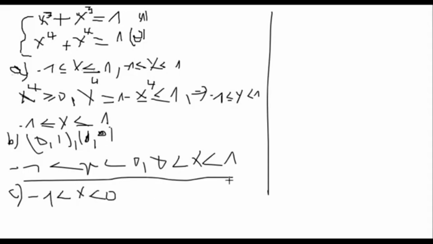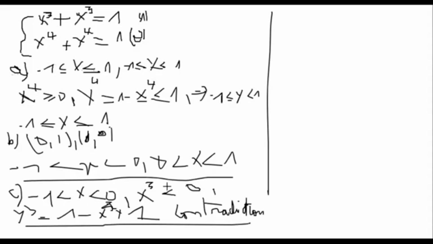When x is between -1 and 0, x cubed is negative. So y cubed, which is equal to 1 minus x cubed, is more than 1. It means that y cubed is more than 1, which is a contradiction with the hypothesis that y is less than 1.